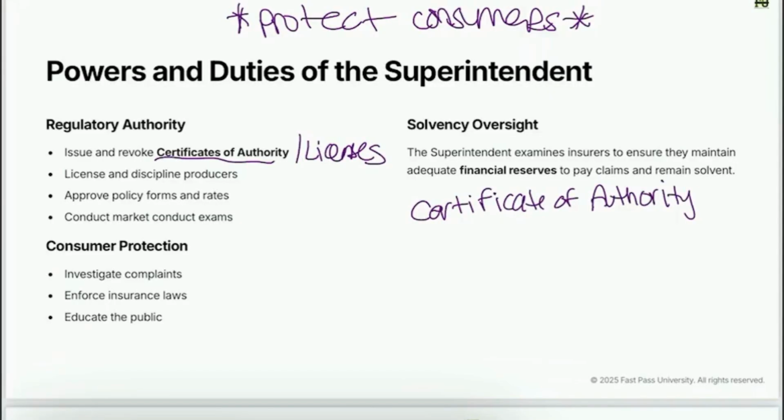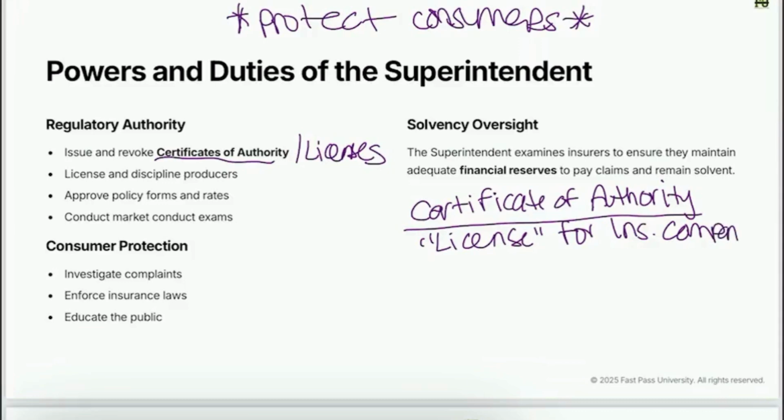Now remember, we said transacting is if you are selling, soliciting, or negotiating insurance contracts, that is considered transacting insurance. So in order to be able to transact insurance, they need their certificate of authority. Okay? It is the insurance company's license, to say the least.